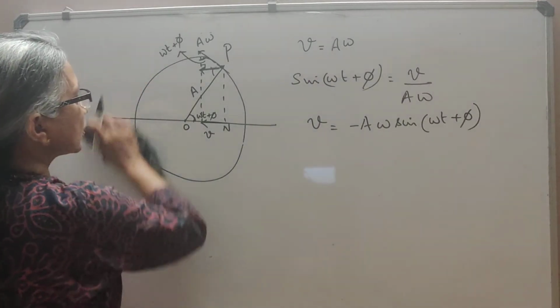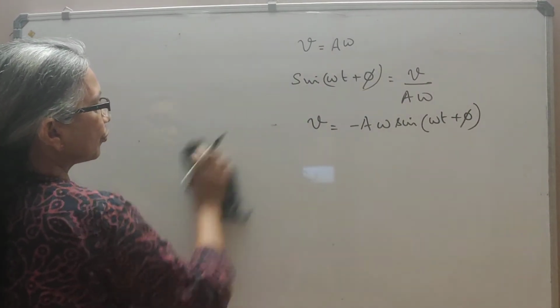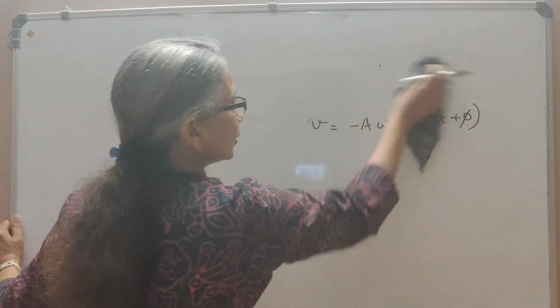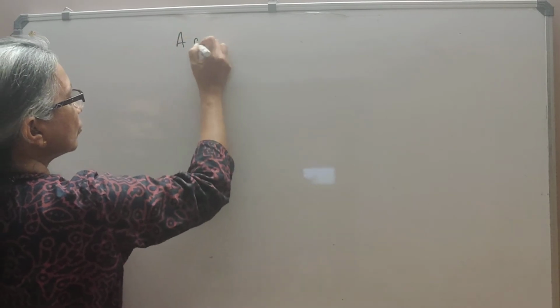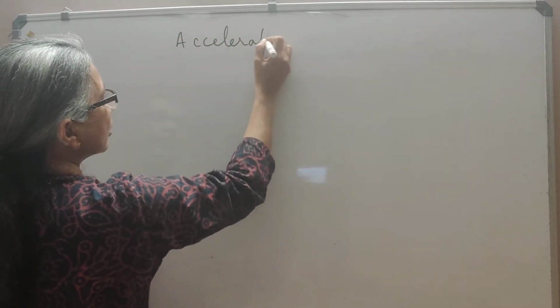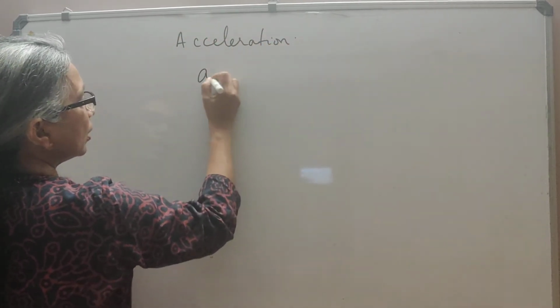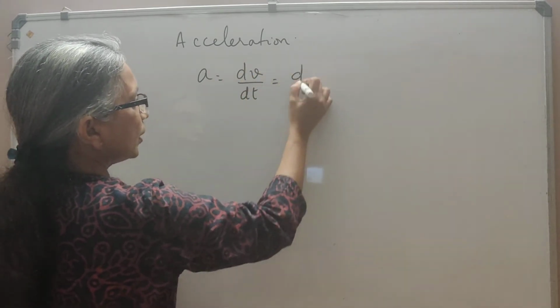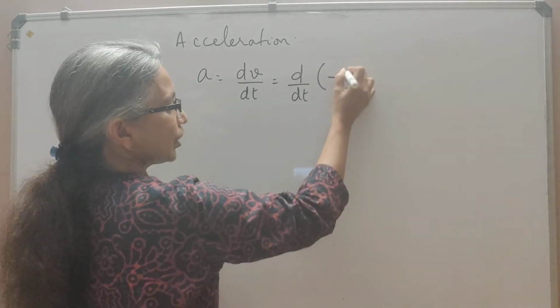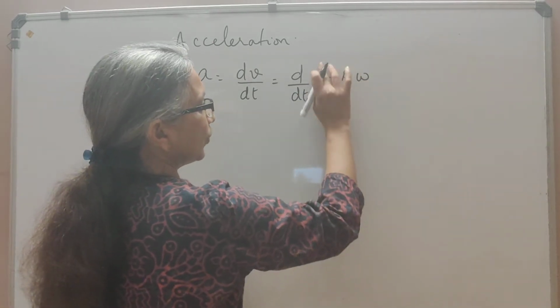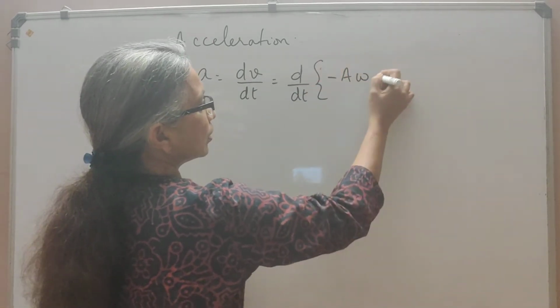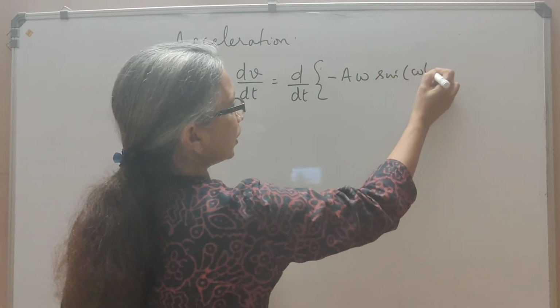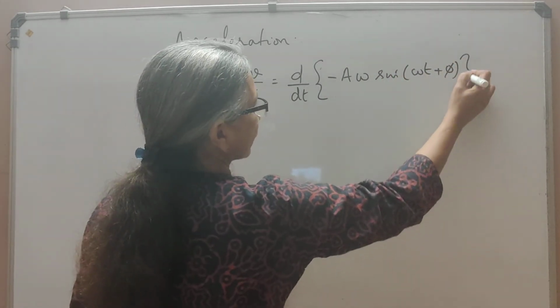We will now go on to discuss the acceleration of this simple harmonic oscillator, this particle in simple harmonic oscillation. For acceleration, we know that acceleration a is dv by dt, of, we just saw that the velocity is minus a omega sine omega t plus phi.